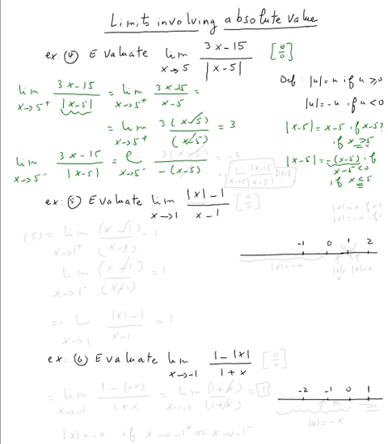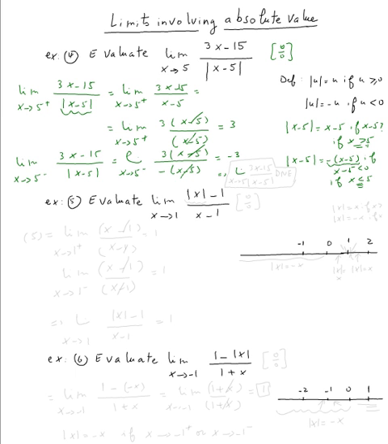We factor the 3 and get 3(x minus 5). Now we simplify this: 3 over negative 1 is just minus 3. Therefore, we can go back here and say the limit does not exist.